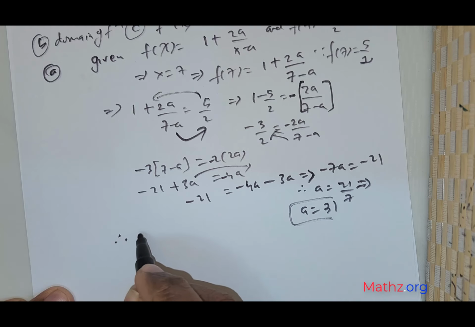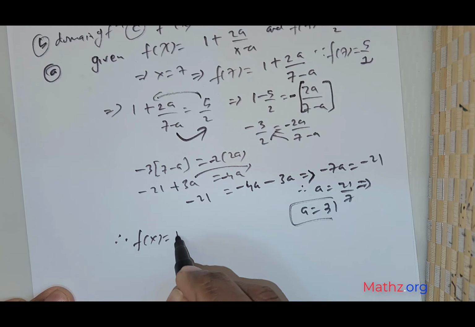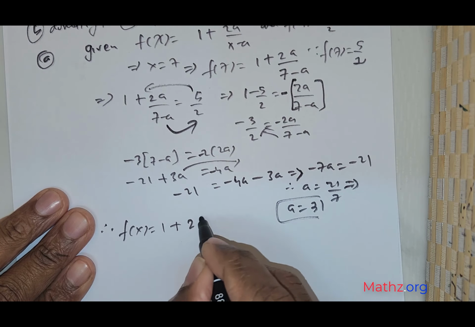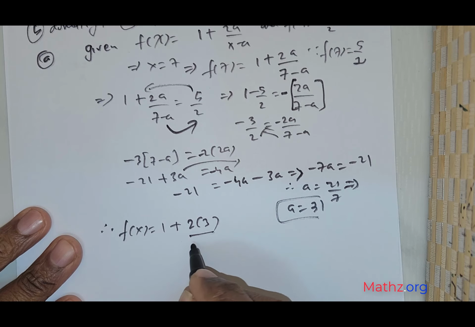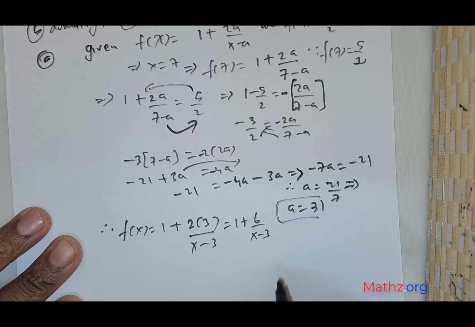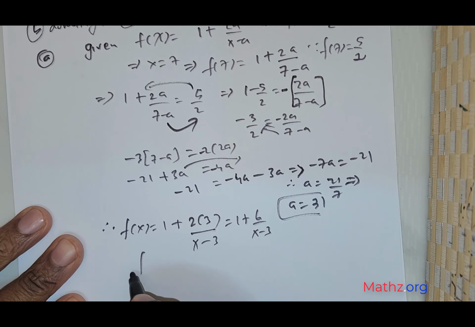Therefore our f of x, which had a featured, is now 2 times 3 divided by x - 3, which is 1 + 6 over x - 3. So this is our f of x, 1 + 6 over x - 3.